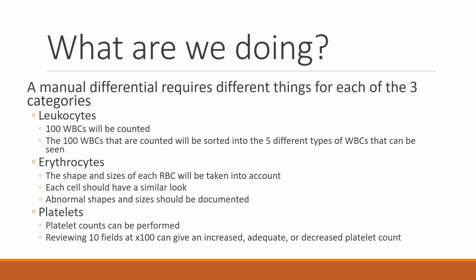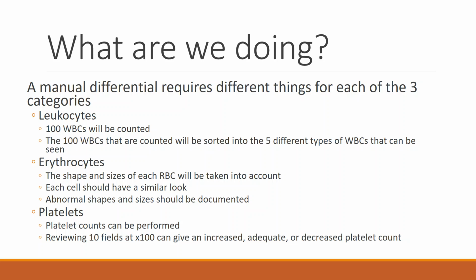When we review the erythrocytes inside peripheral blood, we are looking at predominantly the shape and size of these RBCs, and this is what we're taking into account. We're going to be looking at any type of abnormalities that they have, any type of inclusions that they may have, and we're going to use this information to document it so that the physician will be aware.